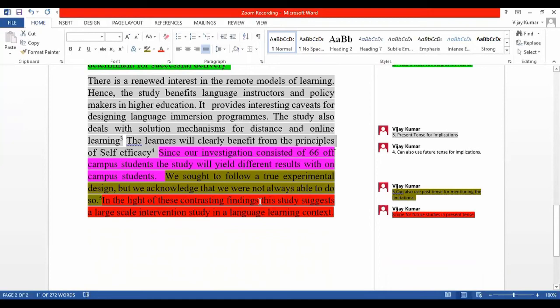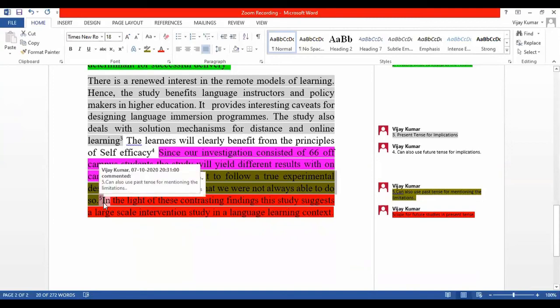And moving on to limitations, you use the past tense for mentioning the limitations. Look at this sentence. We sought to follow a true experimental design, but we acknowledge that we were not able to do so. So you use the past tense, that we were not able to do.